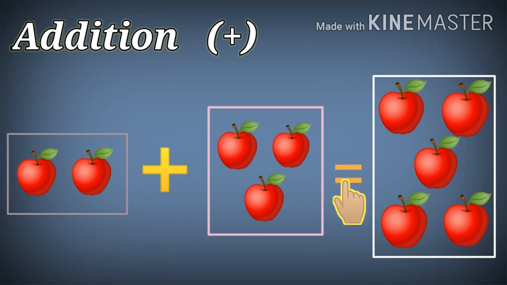Children, look at this sign. This sign means equal. Equal means same. Equal means objects or things are the same in number or amount on the left side and right side of the equal sign. Children, we write our result or answer after this equal sign.